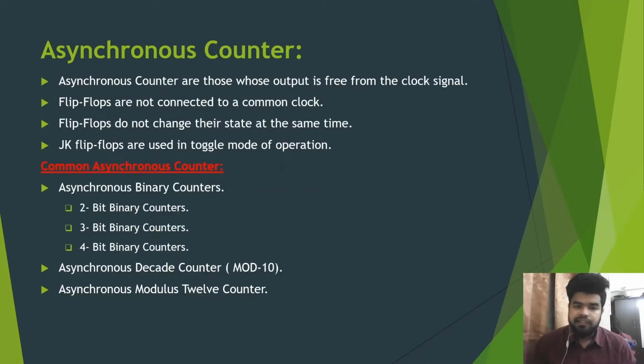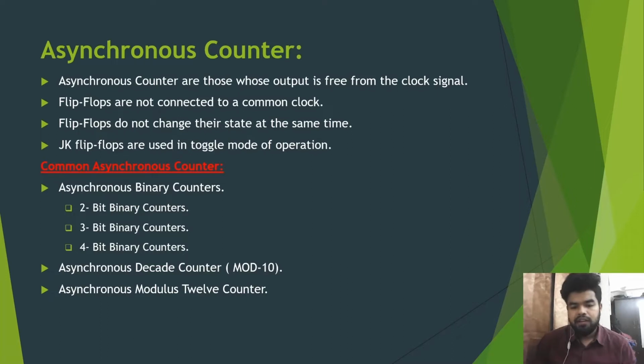So here is the asynchronous counter. Asynchronous counters are those counters which do not operate in simultaneous clocking. In an asynchronous counter, only the first flip-flop is externally clocked using the clock pulse, while the clock inputs for the successive flip-flops will be the output from the previous flip-flop.